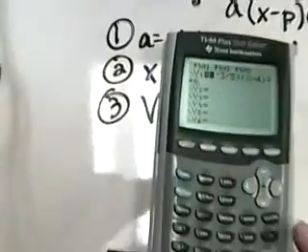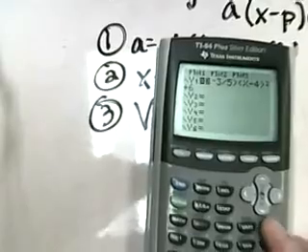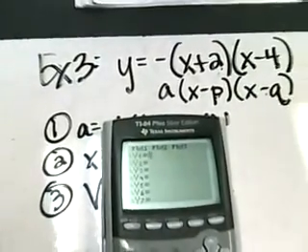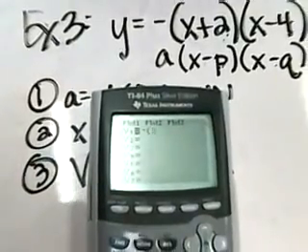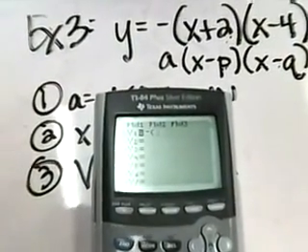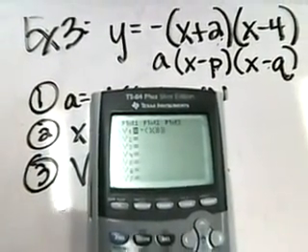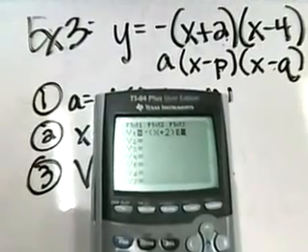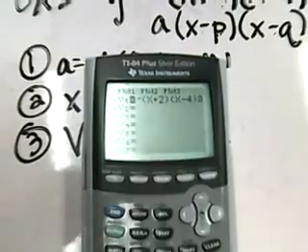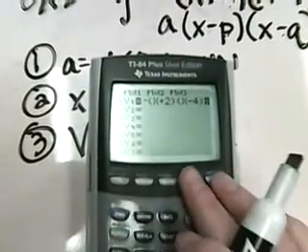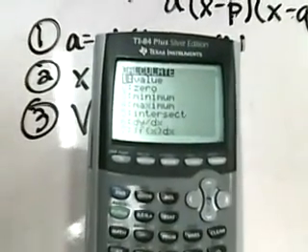So go to y equals, clear out that equation, type in your new one, negative of, you're going to have to wait till I'm done, please, of x plus 2, and then the quantity of x minus 4. And we want to go to second, trace, value.